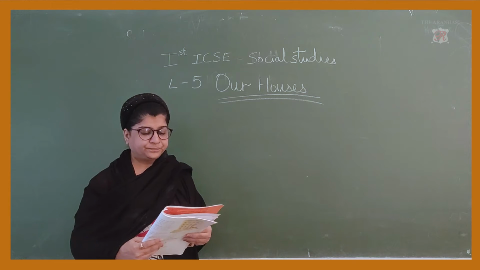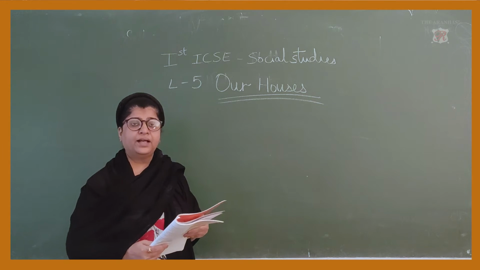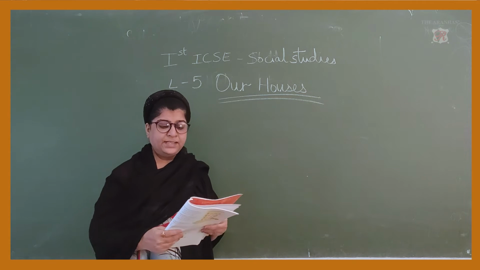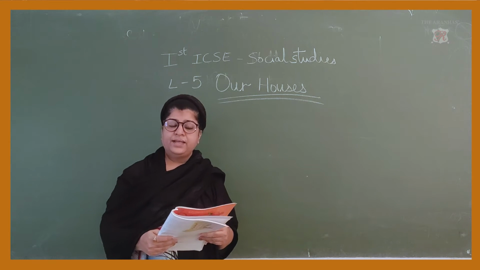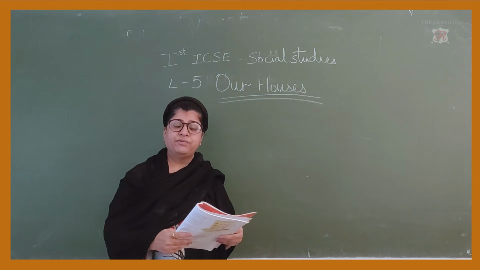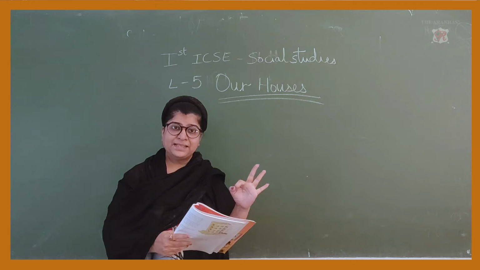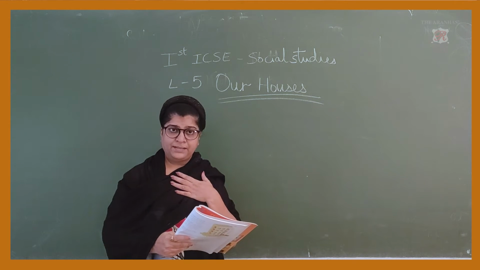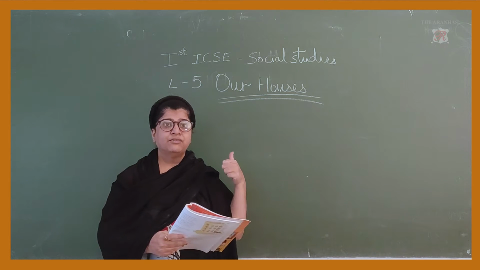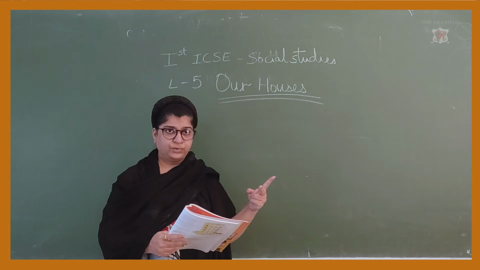Let's start. Lesson number 5, Houses. We all need a house to live in. As you know, I have explained before, there are 3 basic needs for human beings, that is food, shelter, clothes.